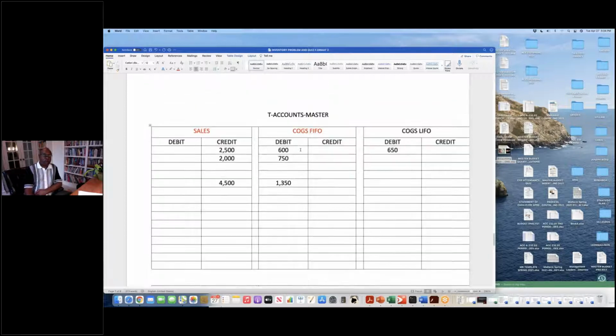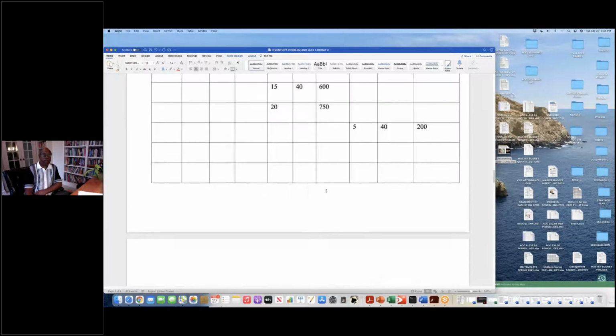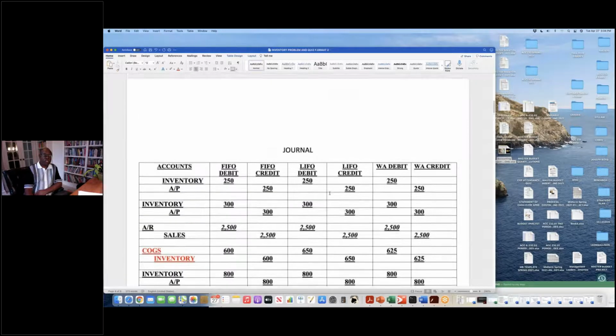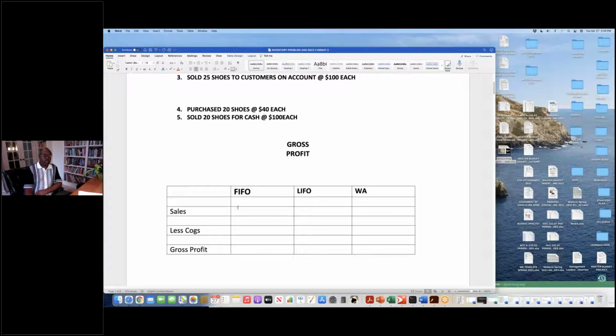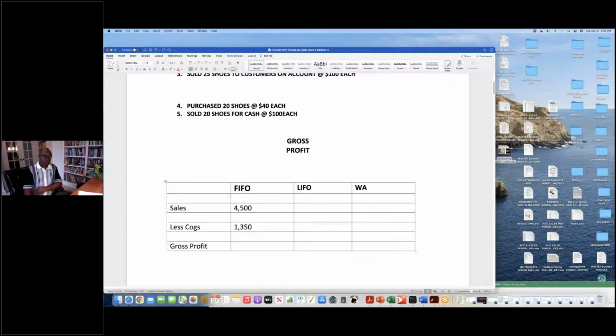So 4,500 and 1,350 are our numbers on the FIFO. So with 2 sales, this number is now 4,500. COGS is 1,350. So what's our gross profit now after beginning inventory all the way through 5? What's our gross profit? 3,150.